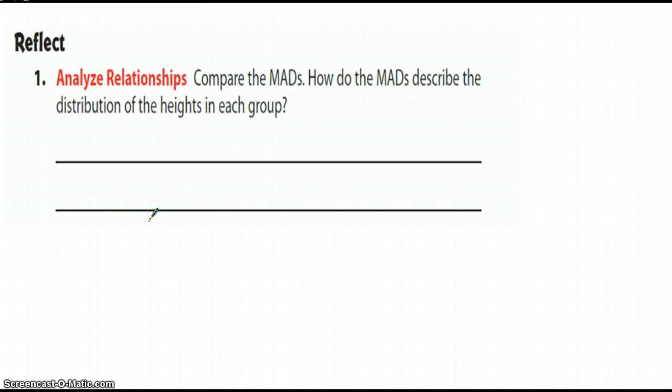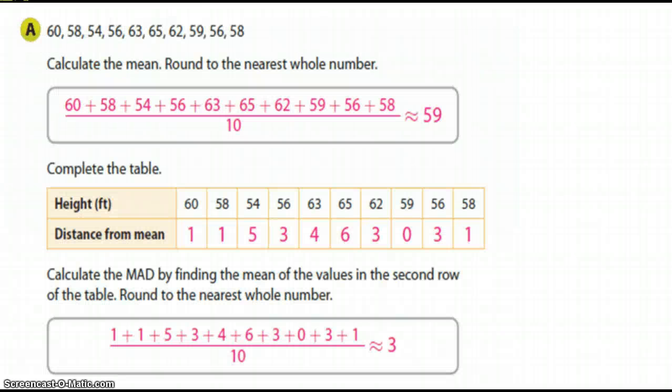Okay, next thing is, now that you've come up with both, look at both A and B and compare the MADs. Look at the MADs only, and how do the MADs describe the distribution of height in each group? Remember, the smaller the number, the closer it is to the mean. And so that's what you want to put here. All right, here we go.